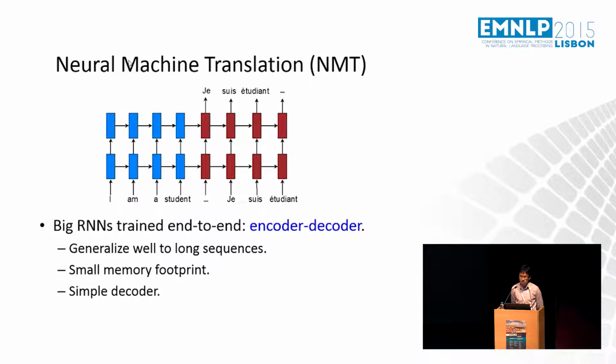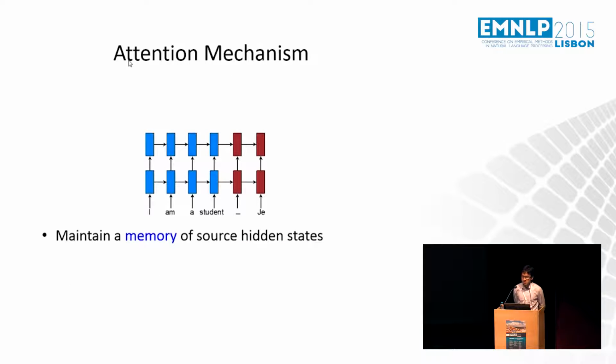So it has many nice properties. And the attention mechanism is a nice way of having a memory for the model, instead of trying to compress everything until the end into a single vector that captures the entire sentence meaning, which will cause problems if you have a very long sentence.